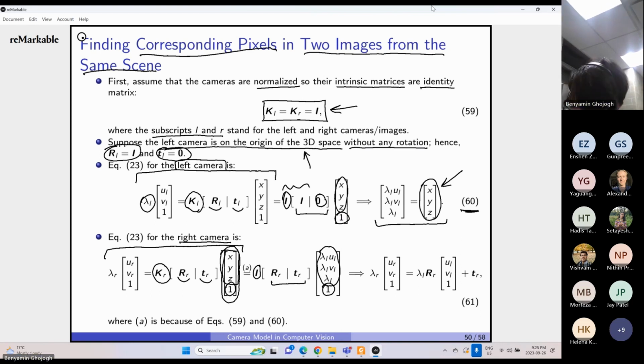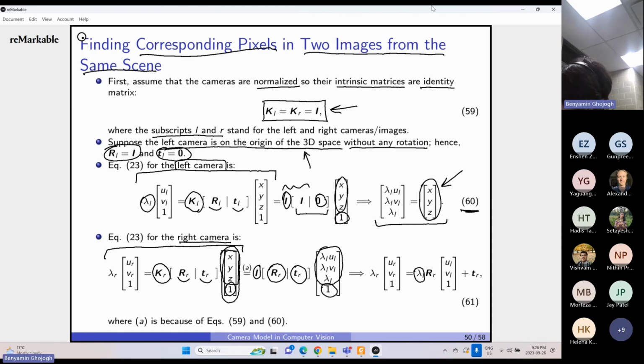What else do we do here? These lambda L's I can factor out, right? So I factor it out. By the way, let me clean this part. It's a bit busy. We know that RR is multiplied by these 3 and TR is multiplied by this, right?